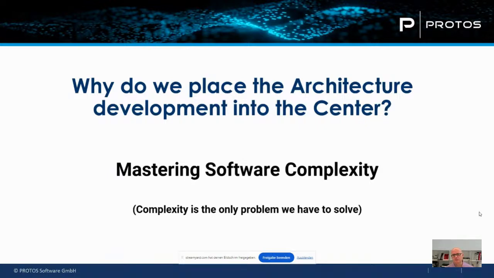Complexity is the only problem we have to solve. If it's not complex, it's not a problem. If you have a safety problem and it's not complex, it's trivial to solve. But if you're driving at 200 on a German highway, and suddenly something doesn't work with your motor or your brakes, you cannot just reboot the software system because you will have an accident.